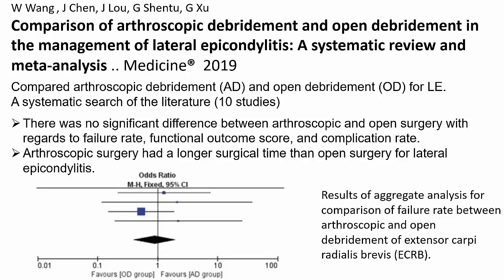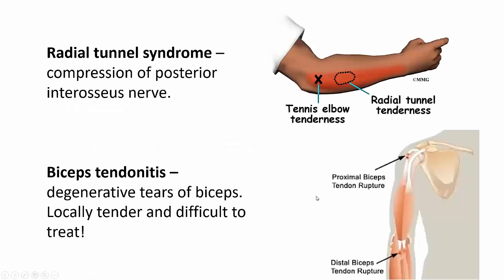If you look at the diagram at the bottom, this is the so-called forest plot, with the central line indicating neutral benefit either way. It's all heading towards the open approach being perhaps of some benefit. It was certainly shorter, took less time, and seemed to provide the outcomes. So again, no major improvements in the arthroscopic approach, unless there's the idea that maybe there's something intra-articular like a radial head fracture or something else, not actually tennis elbow.